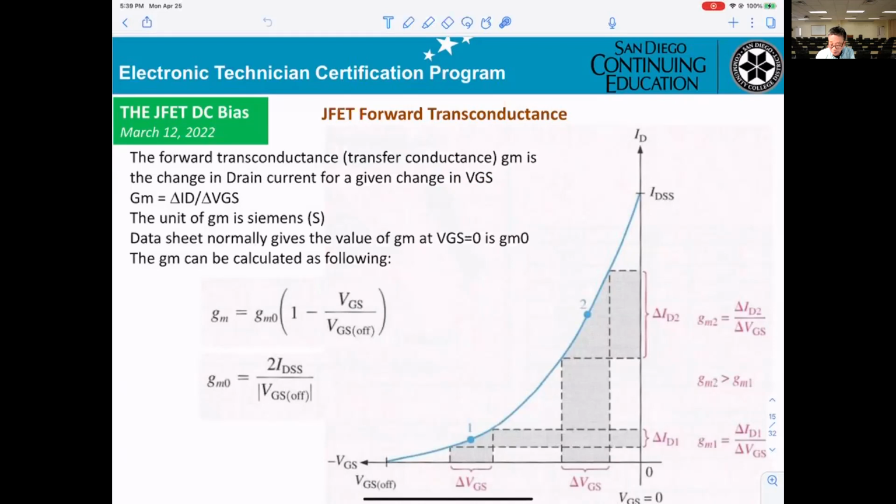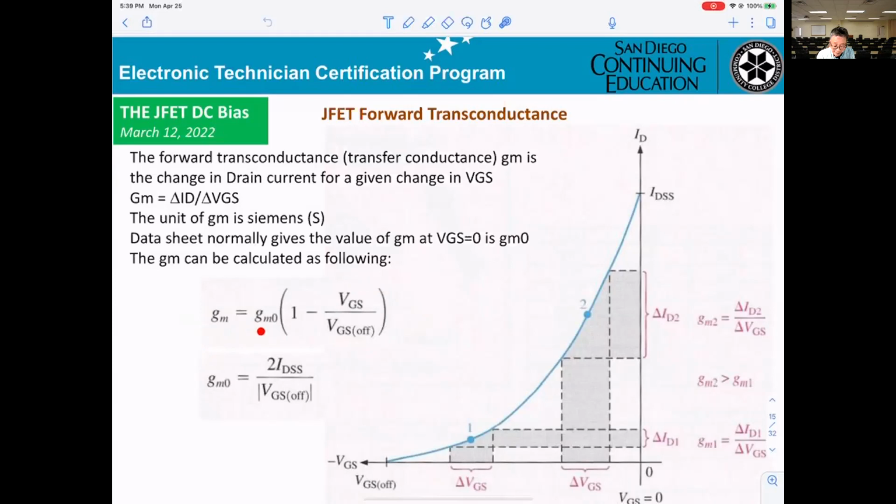At a certain point, you can get delta ID from this point to this point, and also a delta VGS. You take delta ID divided by delta VGS, you get gm. But we don't care much about that. We care about how we calculate gm.